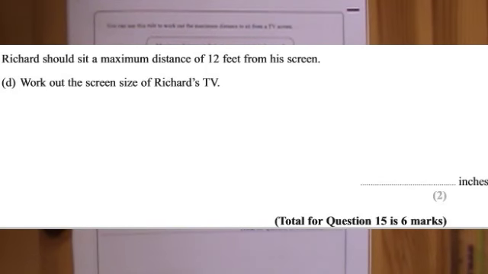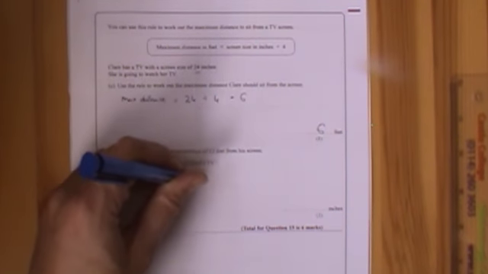Richard should sit a maximum distance of 12 feet from his screen. Work out the screen size of Richard's TV. So we're working out the screen size this time. We've got the maximum distance, which is 12, and we know that equals the screen size, which we don't know, so we'll call that S divided by 4.